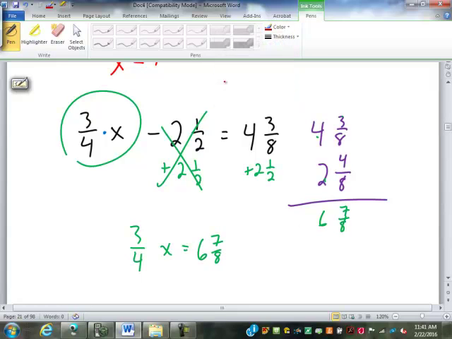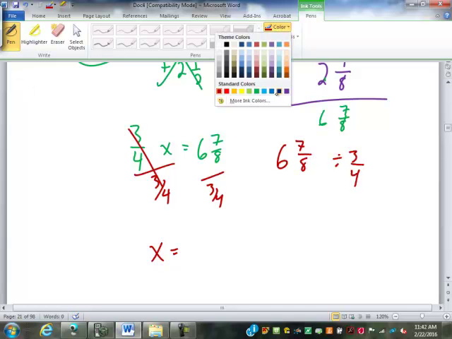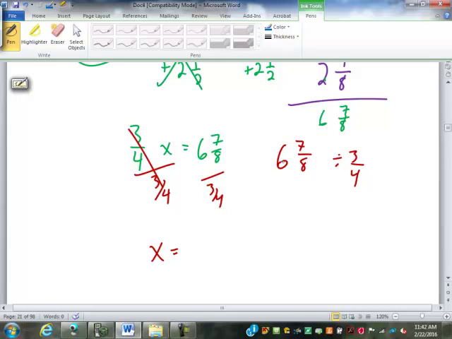And of course, we divide by 3/4. So x equals, well, 6 7/8 divided by 3/4. We have to make the 6 7/8 into an improper fraction. 6 times 8 is 48, plus 7 is 55/8. And then we're going to multiply by 4 over 3, multiplying by the reciprocal.